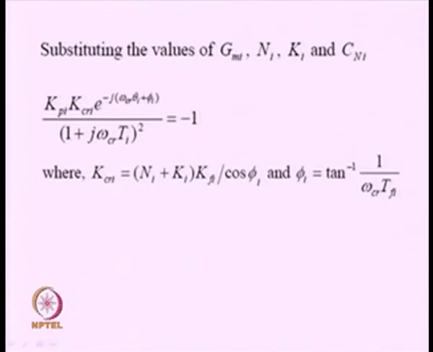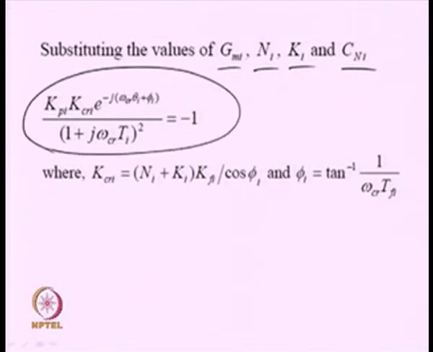Now, substitution of GMI, NI, KI and CNI will result in this expression. Just simply substitute the expressions we have for GMI, NI, KI and CNI, that results in KPI times KCRI e to the power minus j times (ωCR θI plus φI) upon (1 plus jωCR TI) whole square is equal to minus 1.